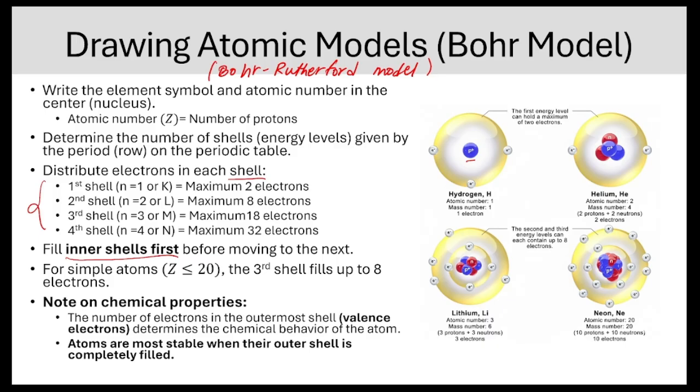The first cell, n equals 1, sometimes represented by K, can have a maximum of 2 electrons. The second cell can have a maximum of 8 electrons, the third can have 18, the fourth can have 32, and so on.